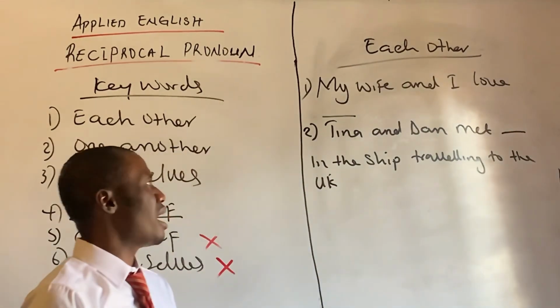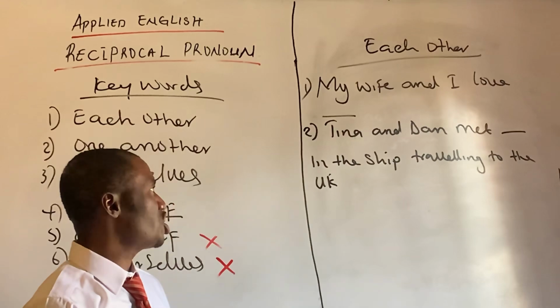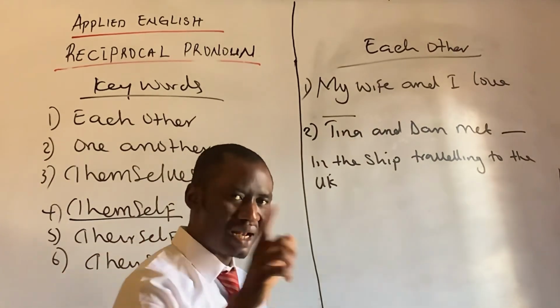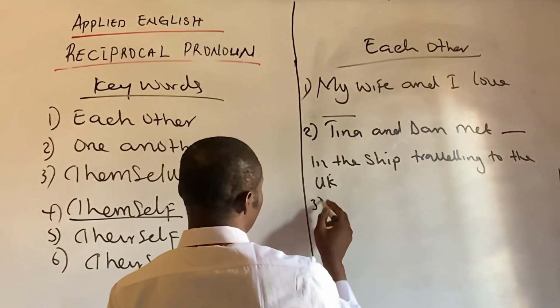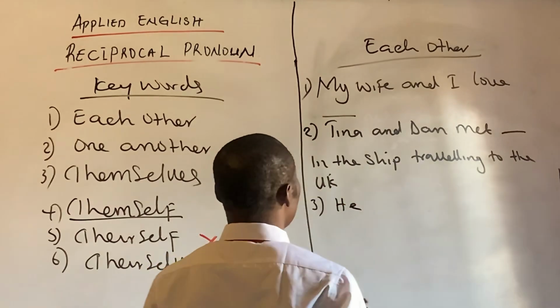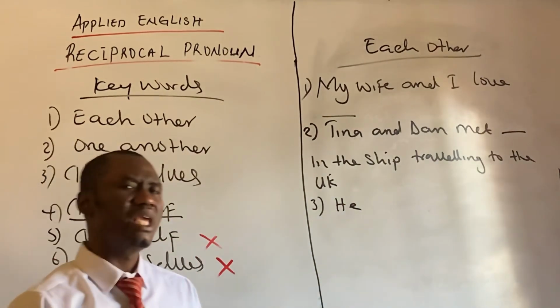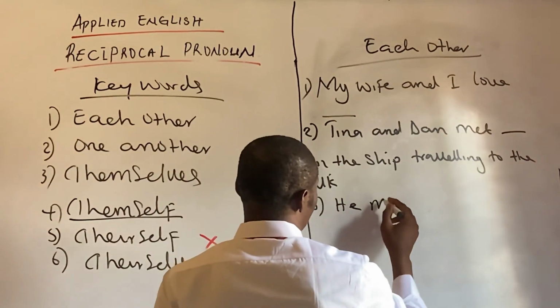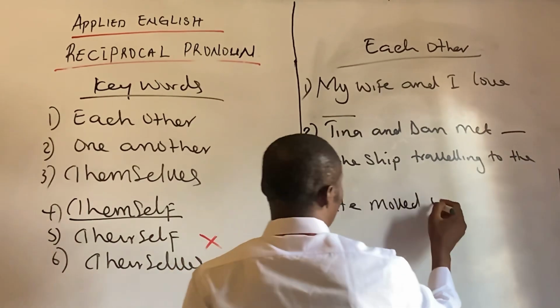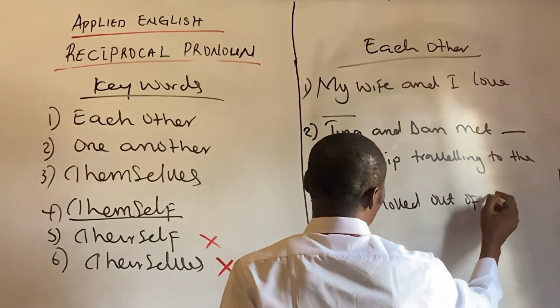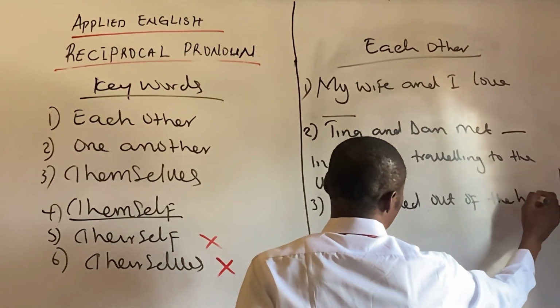Tina and Dan met dash in the ship traveling to the UK. Last question, number three: he moved out. He moved out of the house.